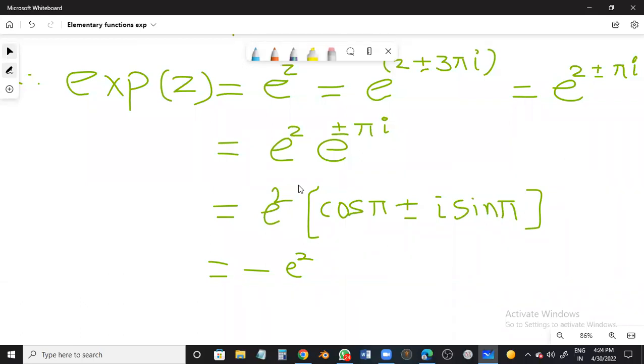How does theta lie between what to what? Priya, Gauri, Suvarna? Anjali? Minus pi to pi. Yes, that is it. It varies from minus pi to plus pi, we know. And that is why we have tried to stick to this particular value. Is it okay? Yes, madam. Okay. So that way we have shown that exponential of z is minus of e square.